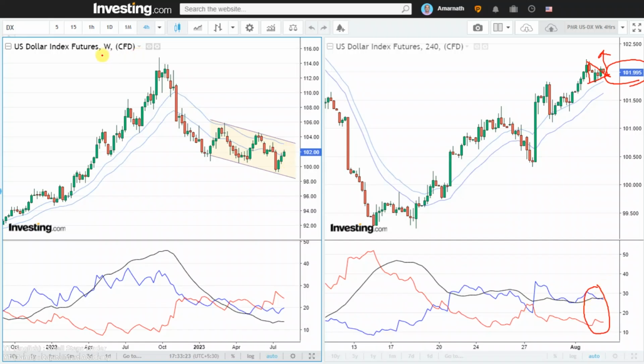The weekly chart also says the same thing. It is now heading to touch the channel resistance, which would be 102.50. I keep saying for the last couple of sessions that it may go till 102.20. The direction also shows the same thing. We will see in the next couple of sessions whether it touches or not.